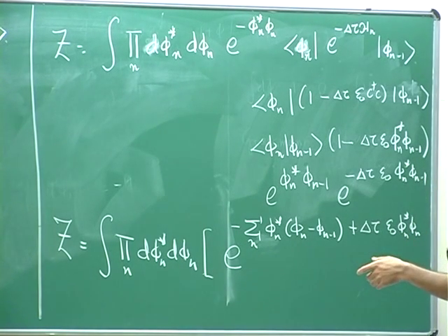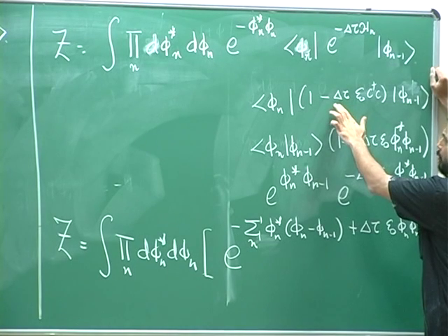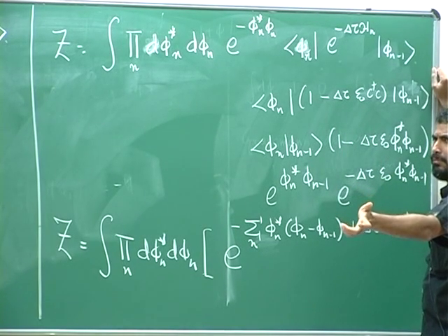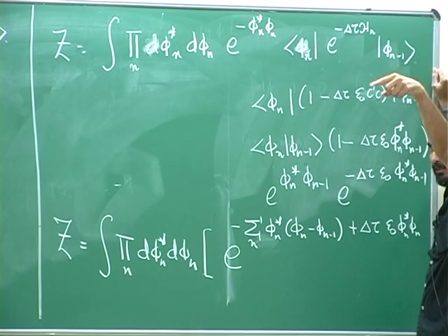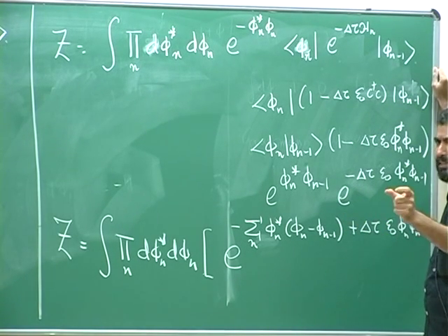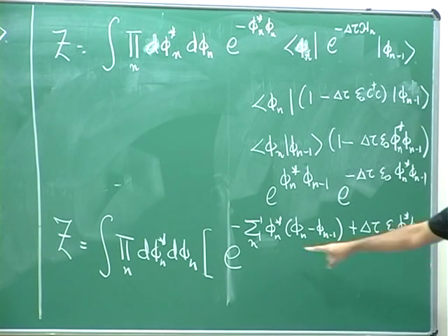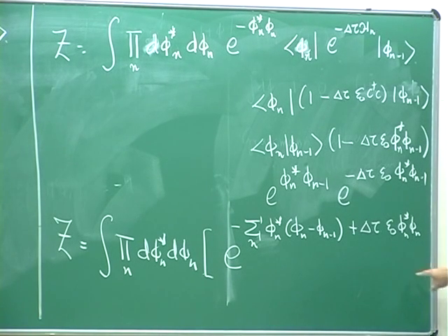Okay. But just take delta tau to be very small. Then that e to the delta tau minus 1 can be expanded as that and so on. Take the small delta tau limit, which is fine. Okay, so this is the equation. Good? Everybody good? Okay. What do you see here?